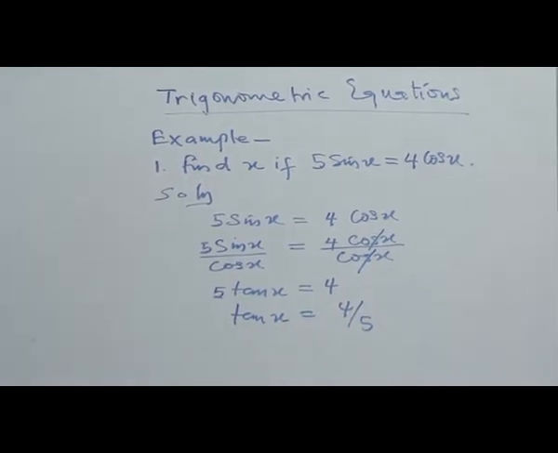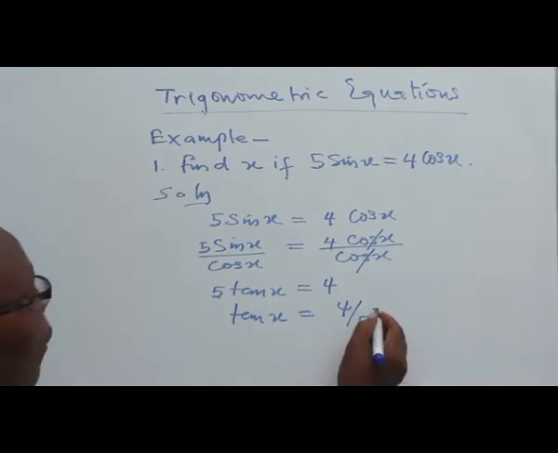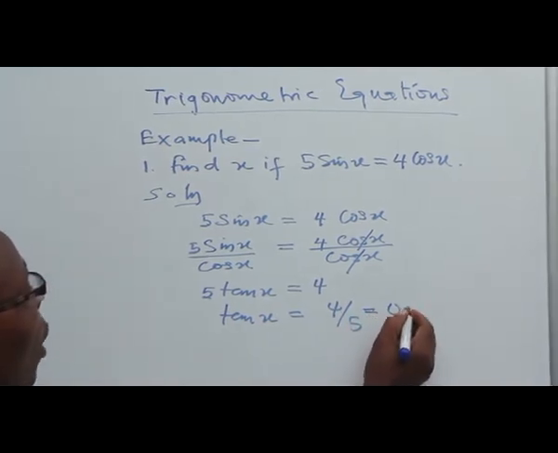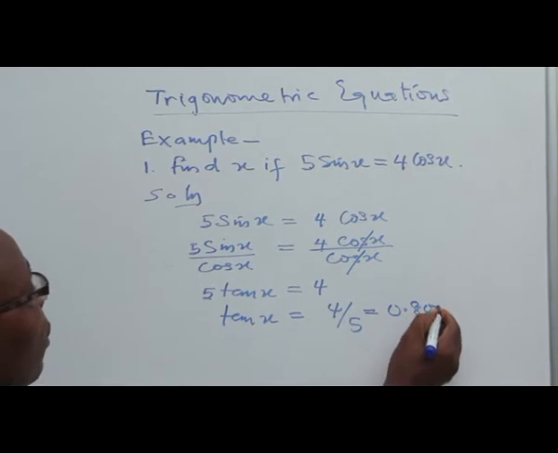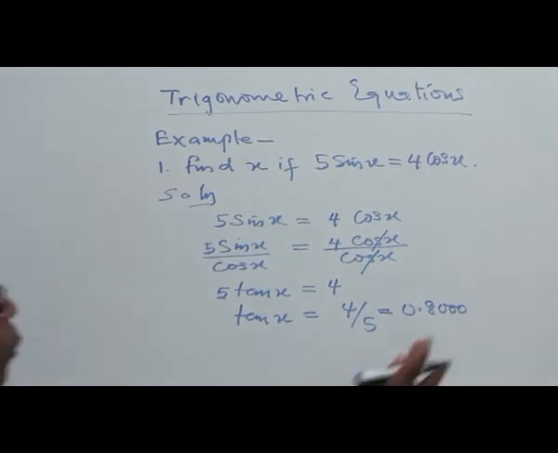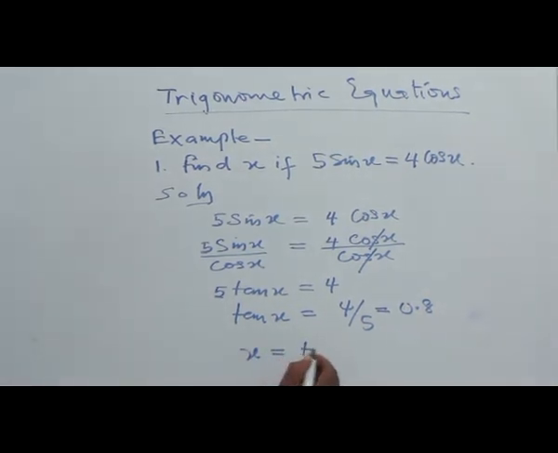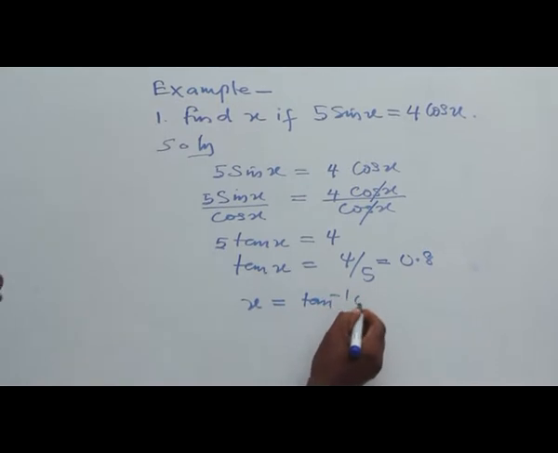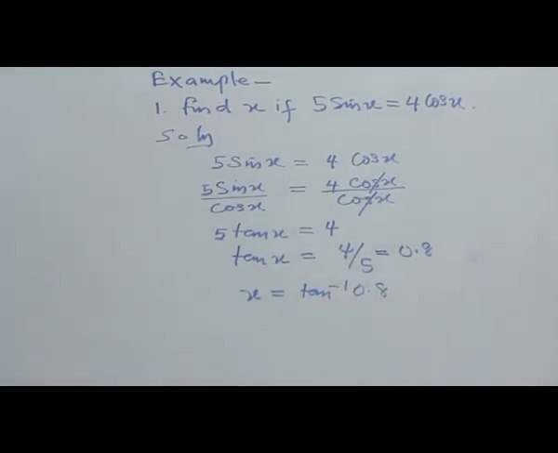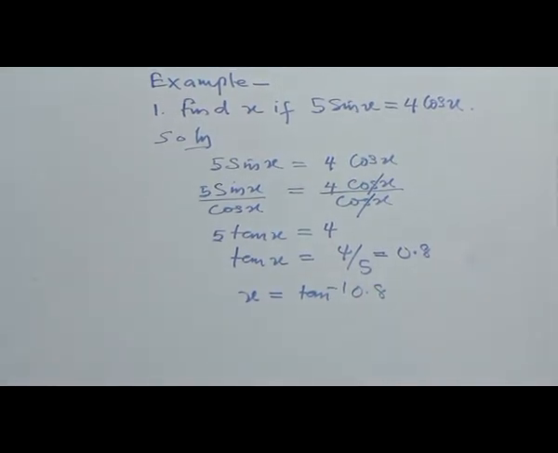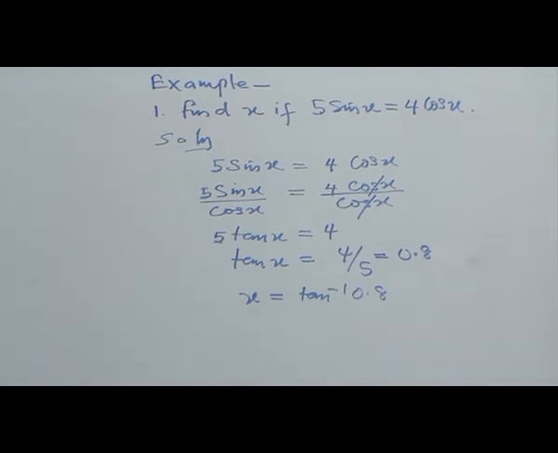and the result of this is 0.800, whichever way you like. If you don't even want to put that, it doesn't matter. So here we are looking for s, and our s is arc tan of 0.8. Let's check our calculator to get the value of arc tan 0.8.